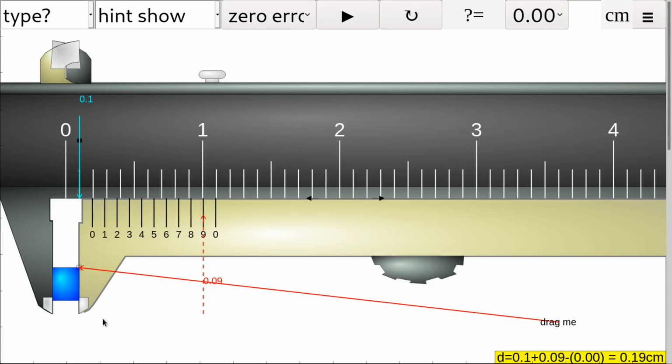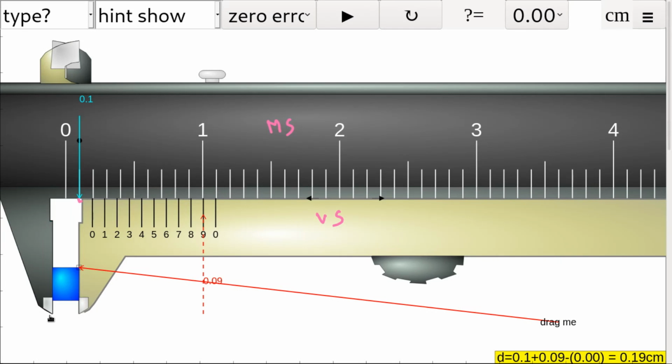Here the dimensions are shown in centimeters. It is a little bit after 0.1. So up to 0.1 we can measure through the main scale, but how much after 0.1, that we can measure through the vernier scale.